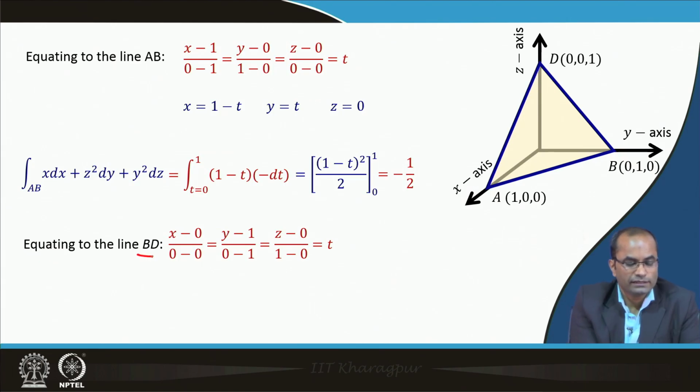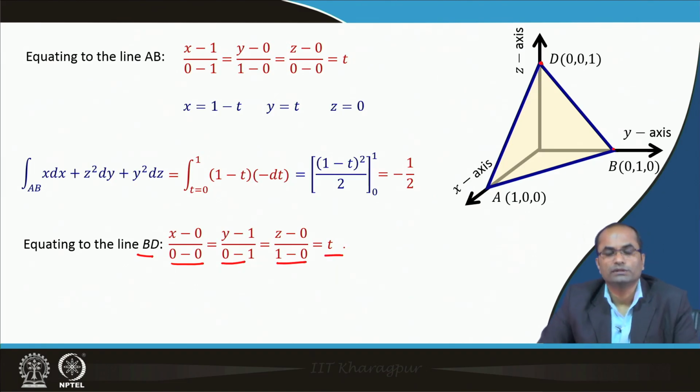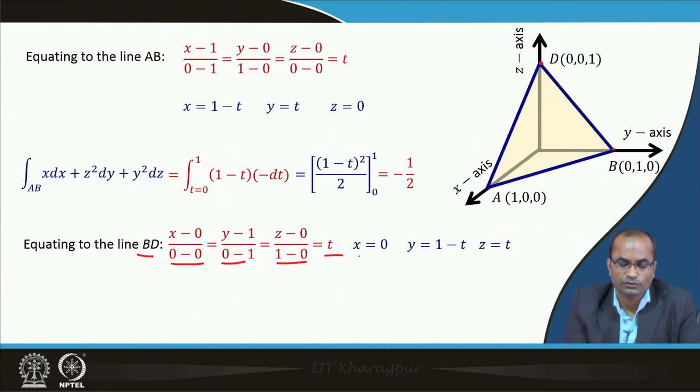Now for the second line, BD, we write down the equation again and equate the ratio to t to get the parametric form. In this case x is not varying, it is 0. So x is 0, y is 1 minus t and z is t.